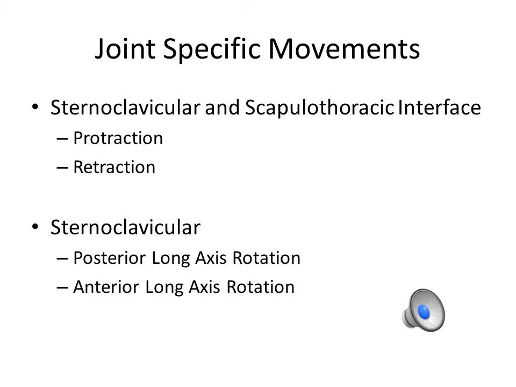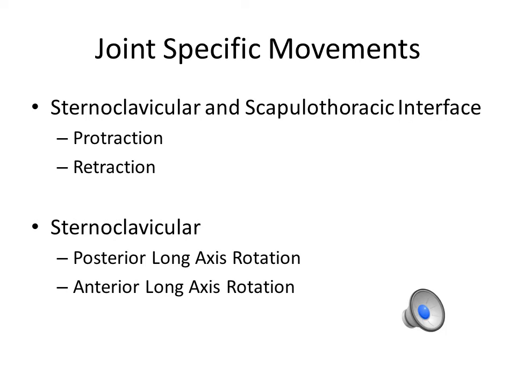Anterior long axis rotation is the anterior rotation of the clavicle around its long axis at the SC joint. Again, picture that pencil or pen with a clip on it. The clip is anterior, and now the anterior rotation would make that clip rotate even more anteriorly.